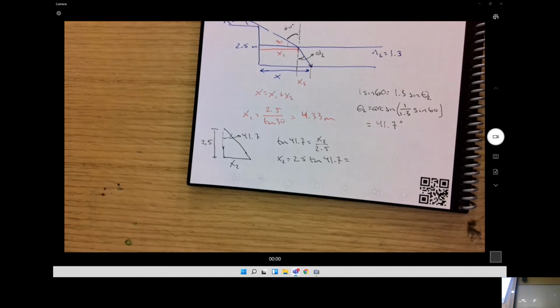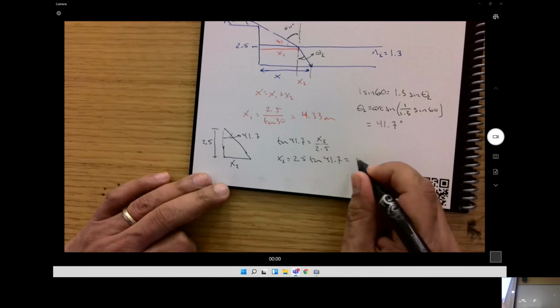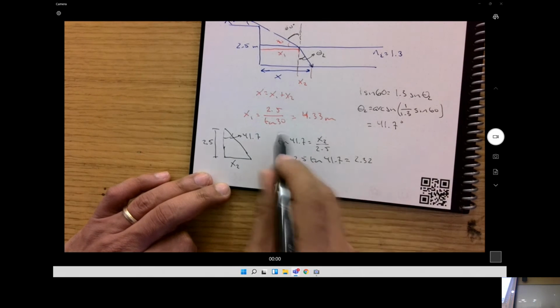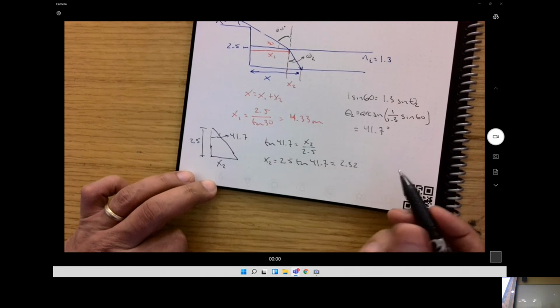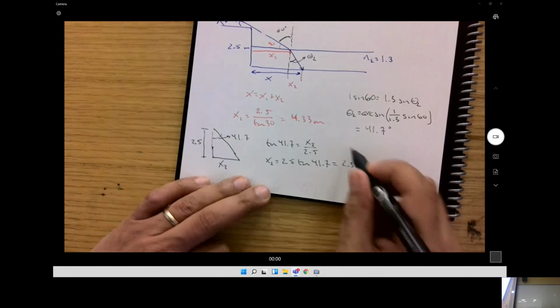Riley, what you got? 2.32. So now we're going to have the total distance at which we have now to hide.